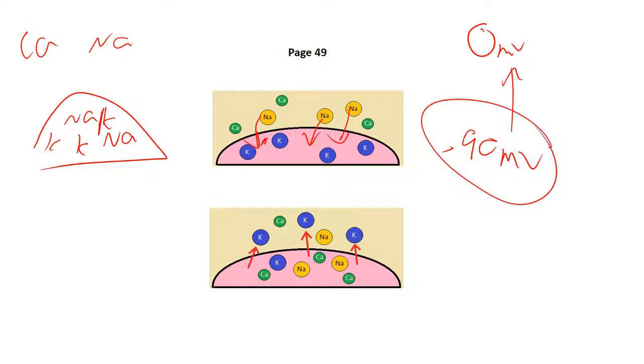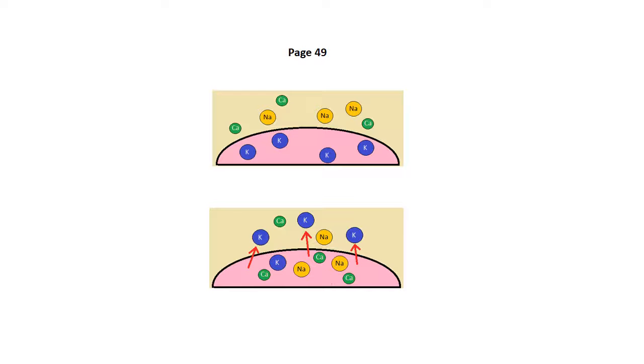Down here at -90 millivolts, the membrane of the cell was polarized. It had a charge. It was sitting there negatively charged. Then very quickly, this cell discharges its electrical potential and heads to 0 millivolts. So it depolarizes. Once all of this sodium has moved into the cell, from -90 to 0, the voltage goes very quickly to 0.